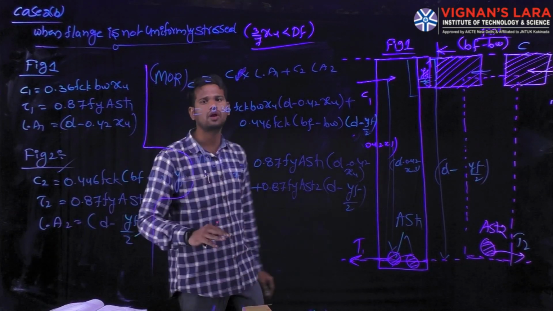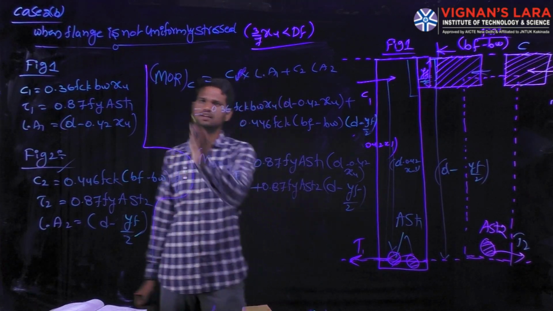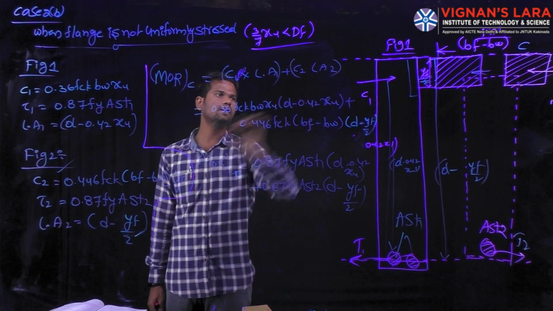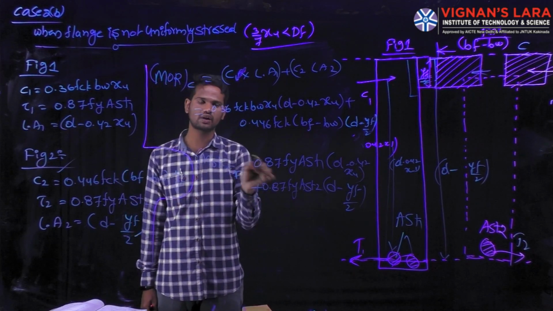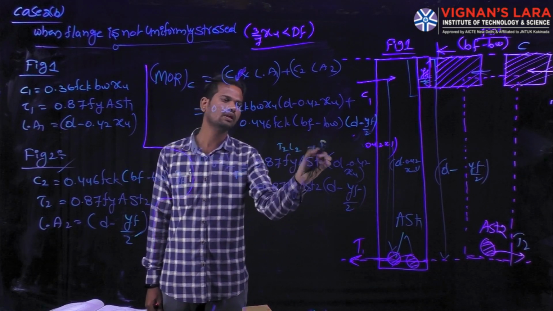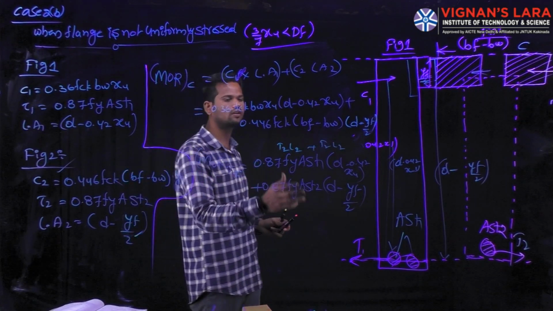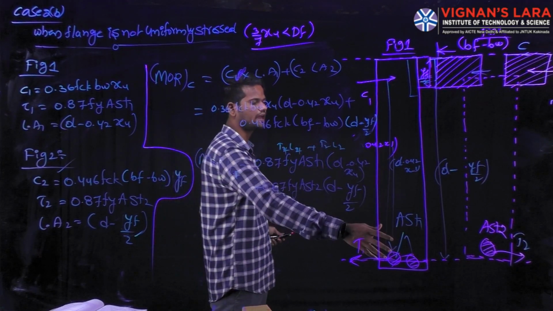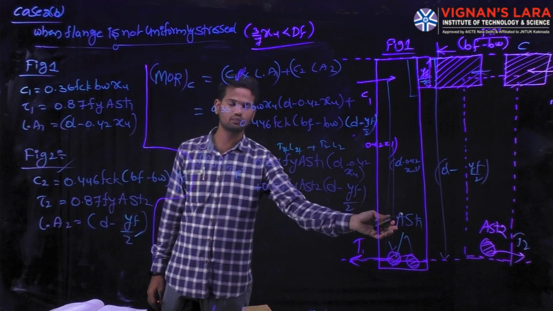Next, the final step is to calculate the moment of resistance for the compression as well as for the tension. Moment of resistance equals the moment of resistance for figure 1 plus that for figure 2, and for the tension force we have T1 into L1 plus T2 into L2, where T1 and T2 are the total tangential forces for figure 1 and figure 2.